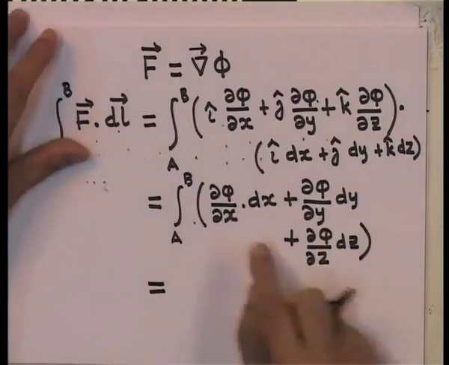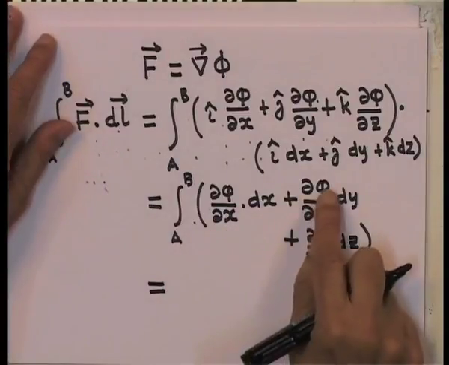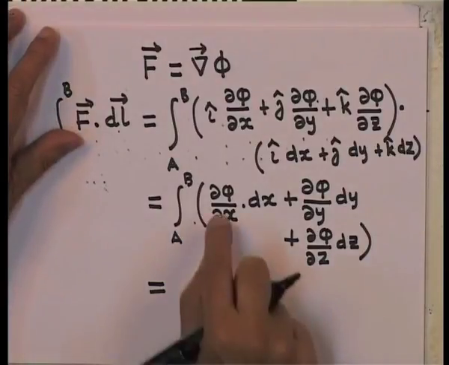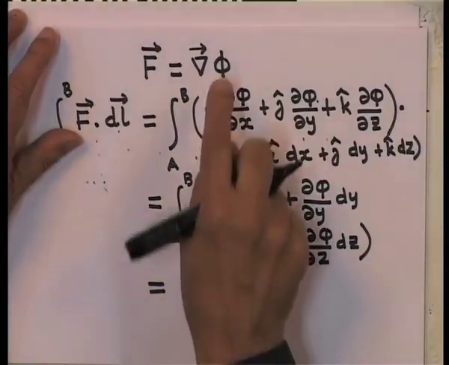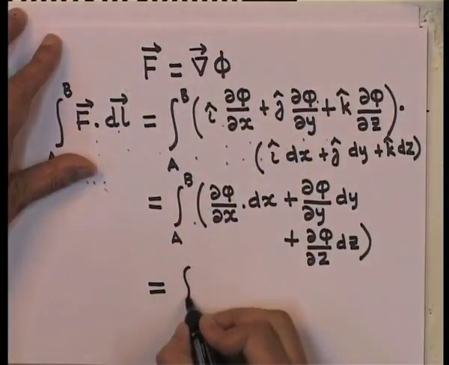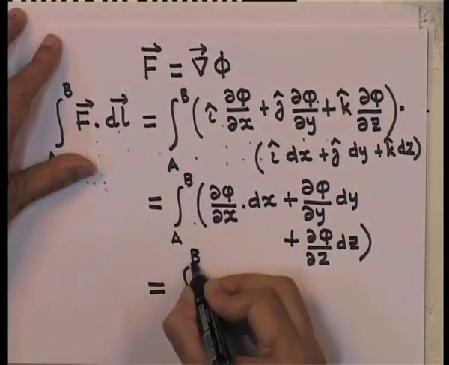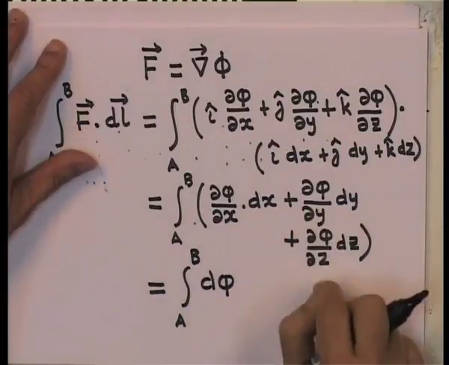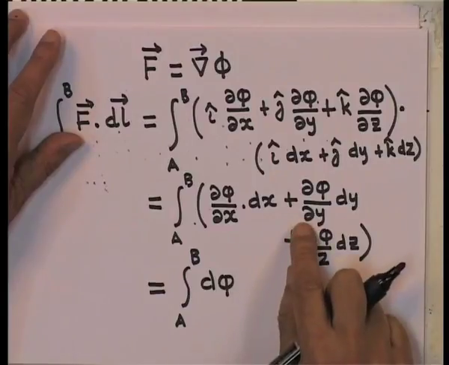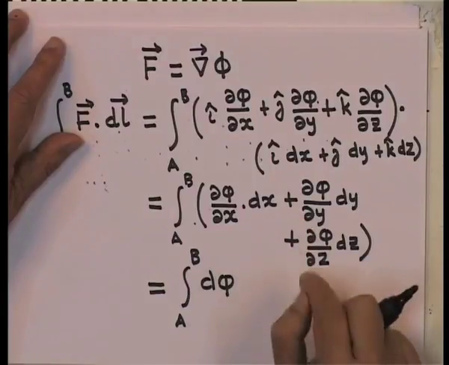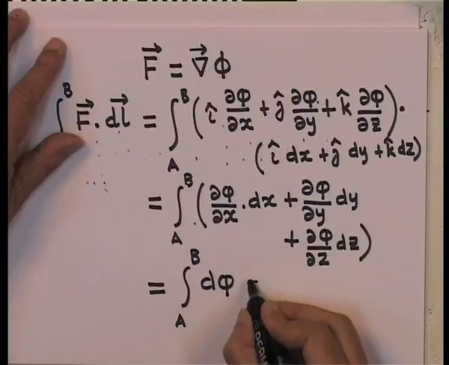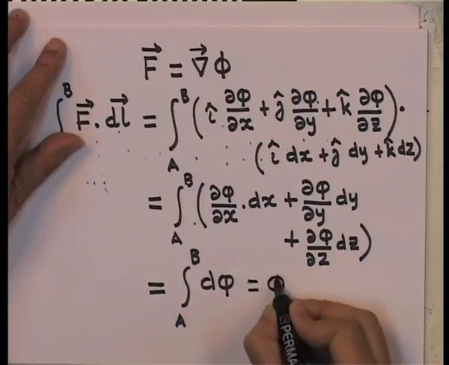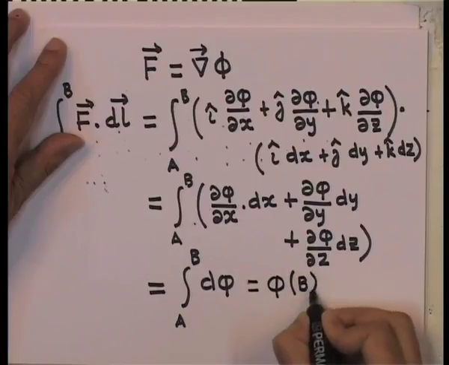But this quantity is the differential of the function phi itself. So, in other words, this is from A to B just d phi, because this expression includes changes due to variation in x, y and z. Now, this is an exact differential. So, as a result, the integration is very trivial. It is phi B minus phi A.